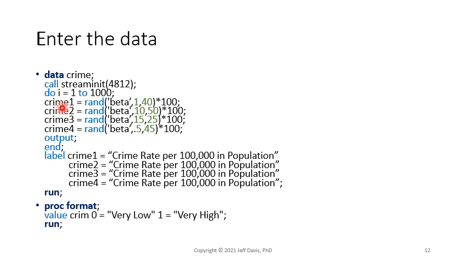Then I have my 4 variables, representing each condition. So crime 1 is beta 1, 40. We'll get to what condition is represented here in just a second.